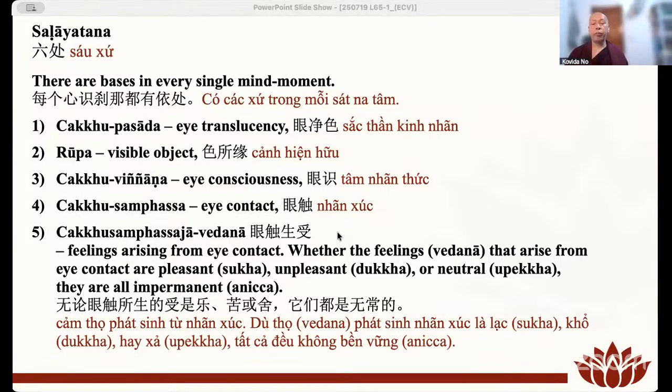Then we can continue to practice all the other mental processes: the ear, nose, tongue, body, and mind mental processes. In every single mental process, we can know all these mental factors and all the nama and rupa as objects. So this is the first part we have to understand as anicca, dukkha, anatta.